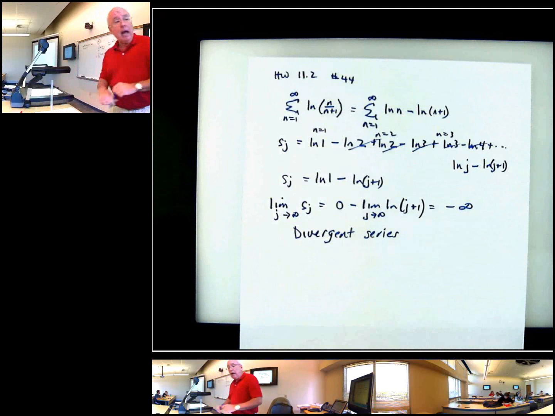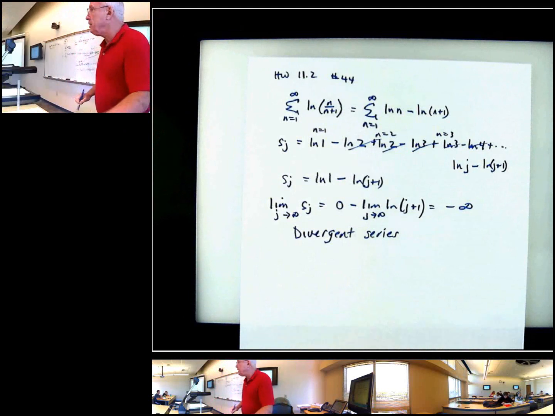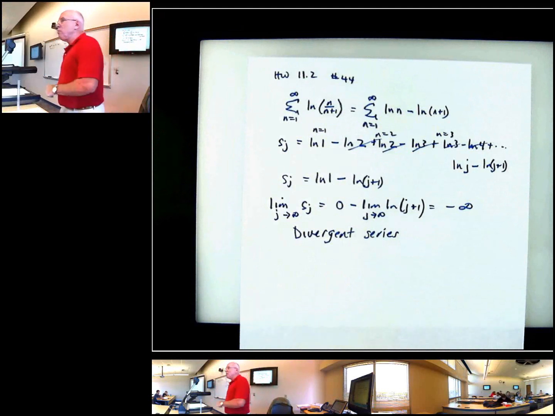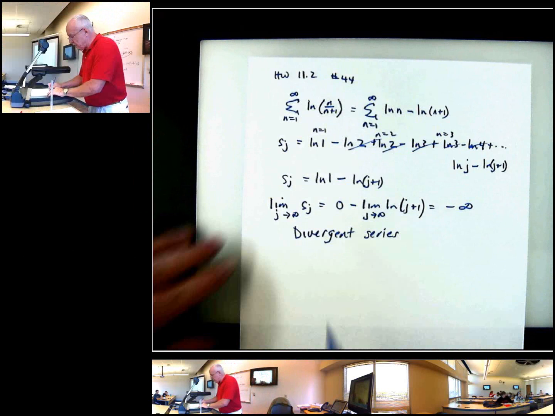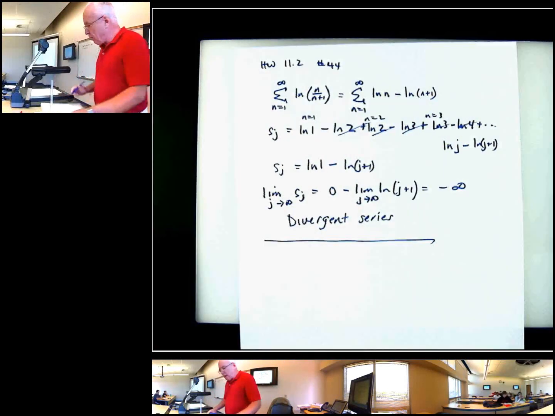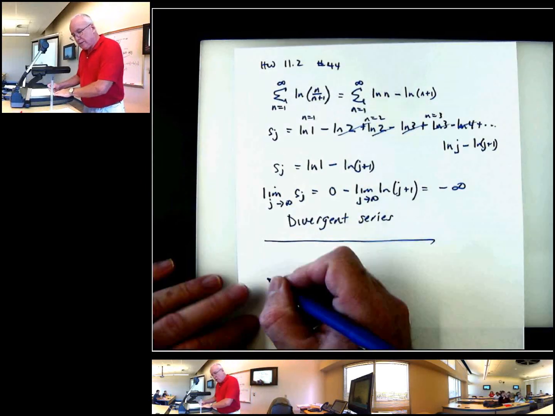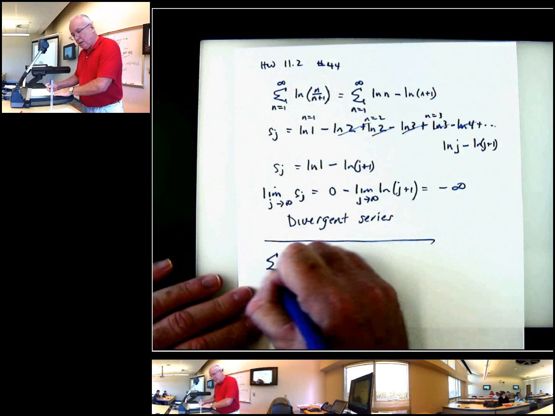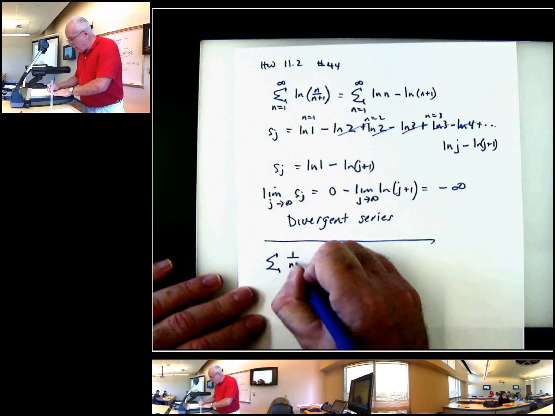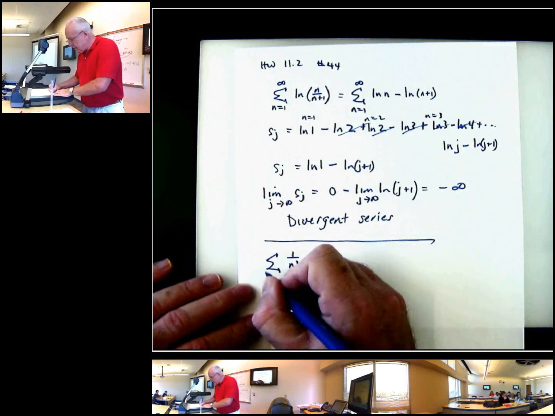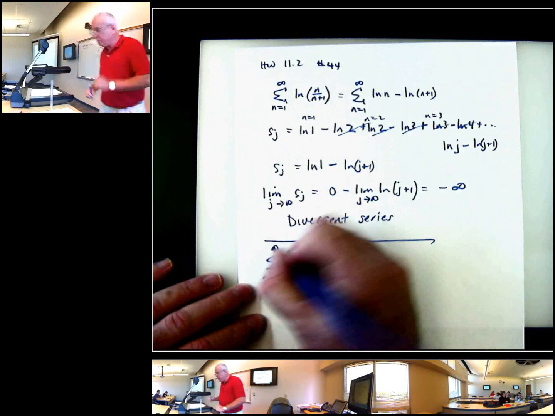I misspoke at the end of the last class, so I want to make sure we get this corrected. One of the problems we looked at was the sum of 1 over n to the third power as n equals 1 to infinity.